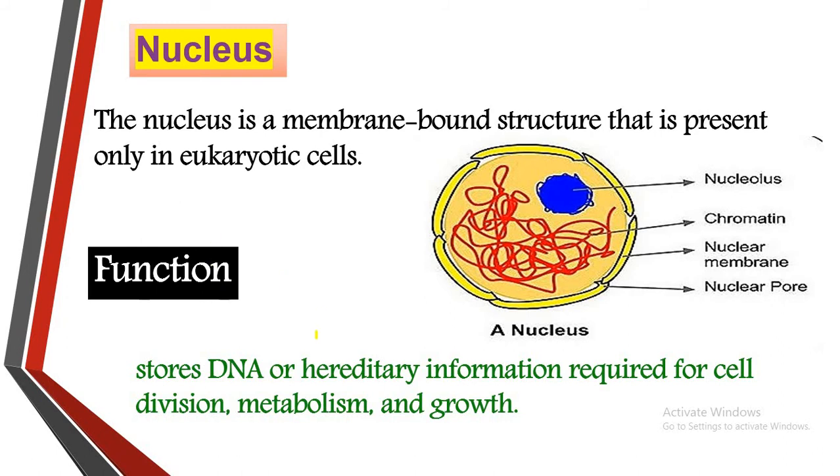Its main function is to store the DNA information of the cell, whether it is a plant cell or animal cell. This DNA is very important in cell division, for metabolism, and for the organism itself to grow.